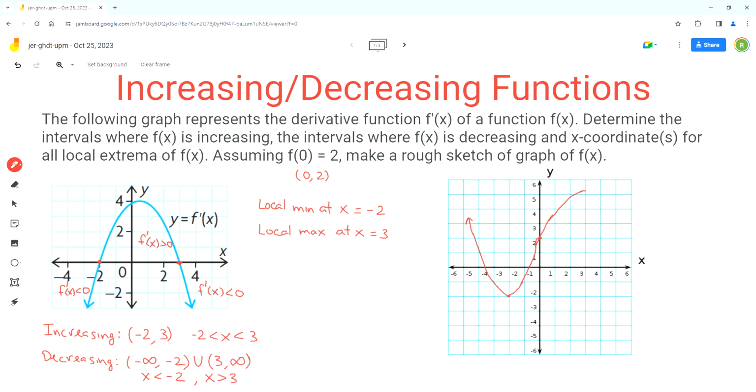And to the right side of x equals 3, the function is decreasing, so that means the function has to turn back down. So this can be a possible sketch for f of x. These are the steps you have to keep in mind to sketch f of x from the given graph of f prime of x.